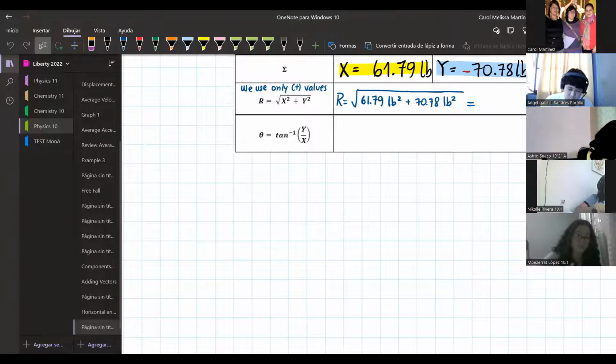We solve X squared and then we solve Y squared, and then we get the square root of the answer.